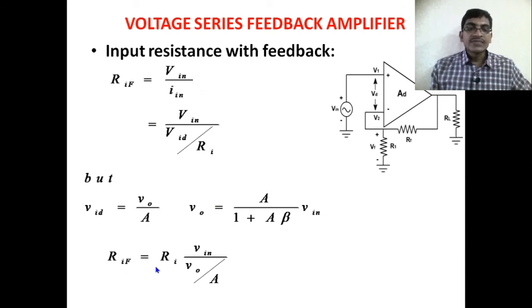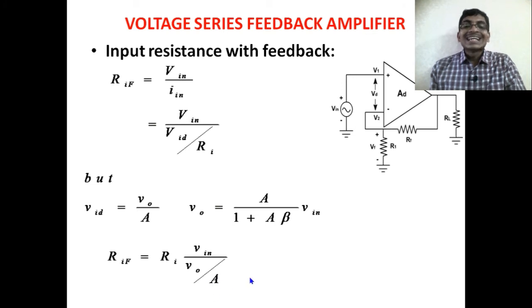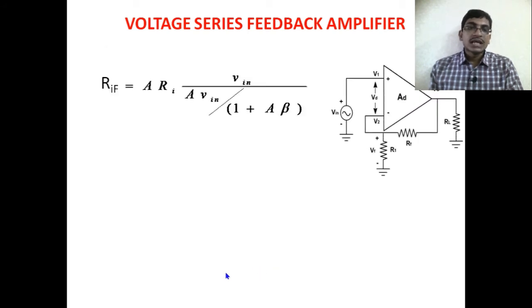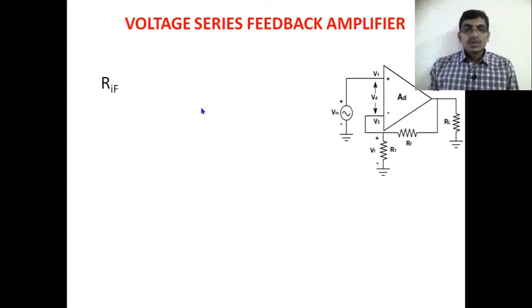Therefore RIF is equal to RI into VIN as it is, and this VID was replaced with V0 divided by A. Therefore RIF is equal to RI, the input resistance without feedback, into VIN by V0 divided by A. In this RIF equation we are substituting the gain value.